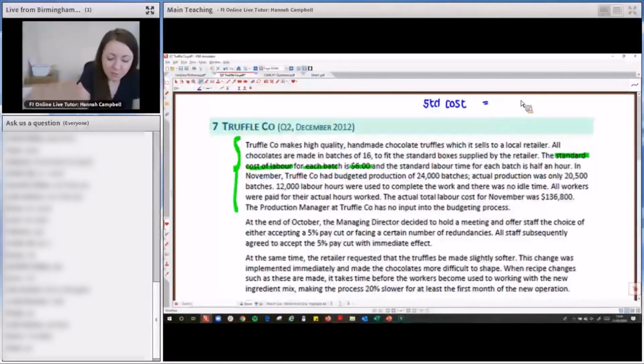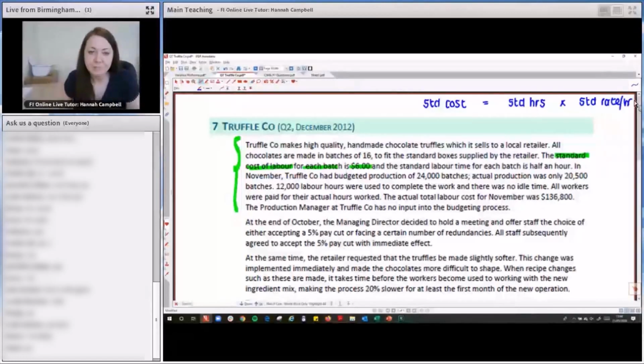So when we talk about standard cost, that would be the standard hours per batch multiplied by the standard rate per hour. So we know that this standard cost equals 6. On your scratch pad, you could be typing this out and really understanding the information that you've been given.